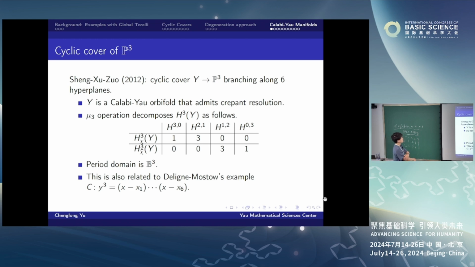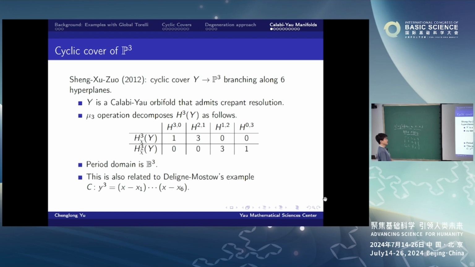If you consider a cyclic cover of P3, for example, in the previous case, you consider a cyclic cover branched along a cubic surface. But now you can also consider a cyclic cover branched along 6 hyperplanes in general position.